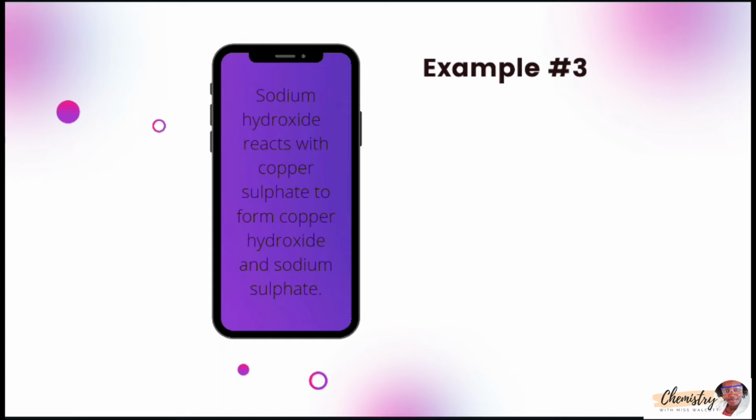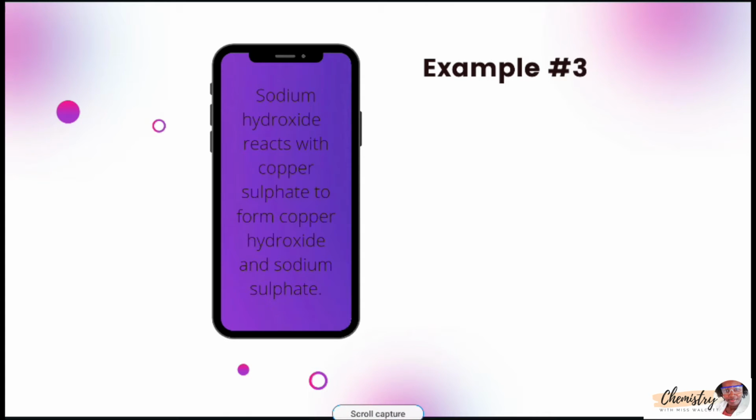We may not always have formulas stated in our questions. This example says sodium hydroxide reacts with copper sulfate to form copper hydroxide and sodium sulfate. So we would need to know our ions, and from our ions we can work out the formula of the compound.